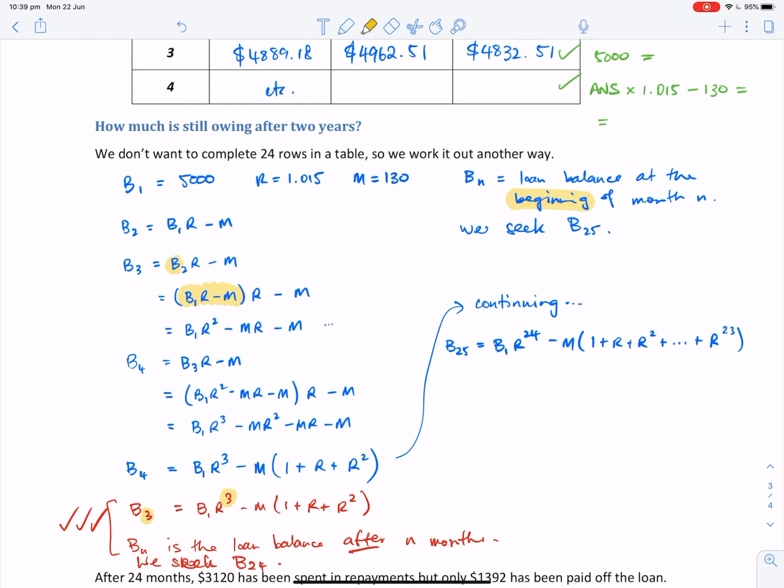Right, there was a pattern here of 4, 3, 2. Well, it's 25, 24, 23.